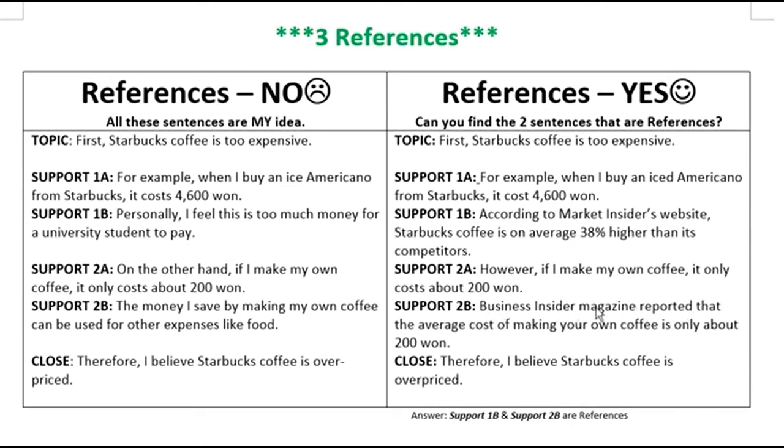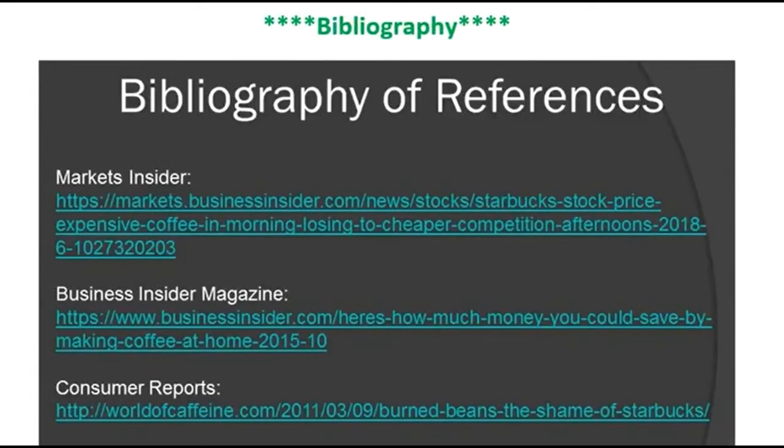Business Insider magazine reported that the average cost of making your own coffee is about 201. So therefore, that means that we had two references. One was called Market Insiders, and the other one was called Business Insider magazine. Okay, so those are my references from outside sources.